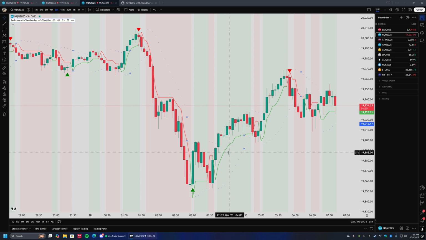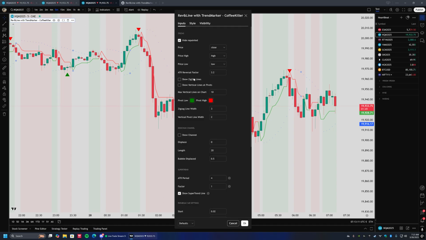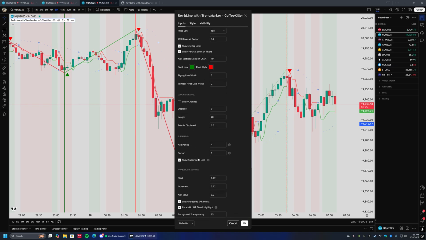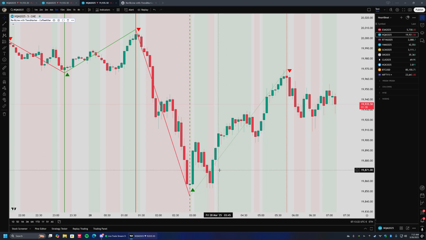I did this with the idea that whenever you turn around, let me put on the zigzag lines, let me put on vertical lines, and I'm going to turn the super trend line off, and turn the parabolic SAR dots off. When you see something going up, and you see something like this, that gives you an idea that I know that's a turning point.